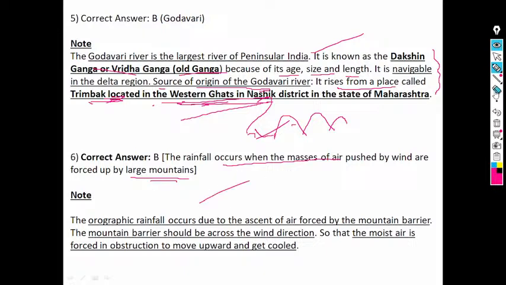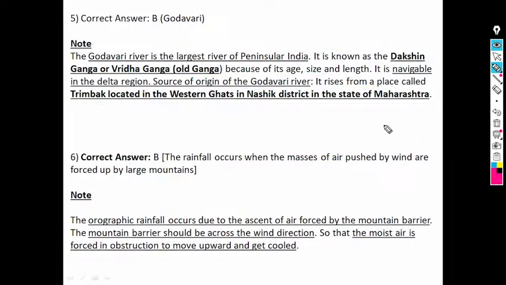This is orographic rainfall, the mountain is here, the cloud rises up. After saturation, it rains.